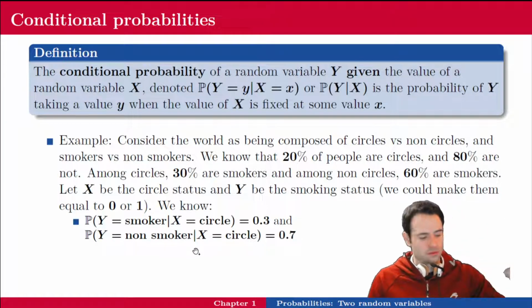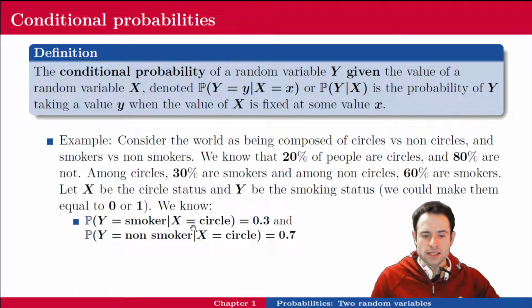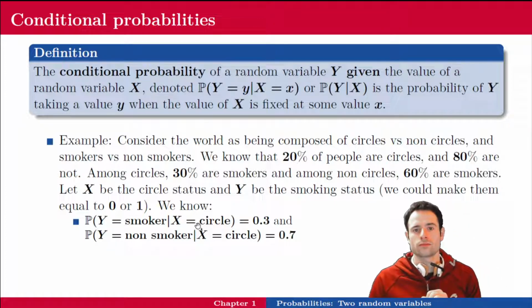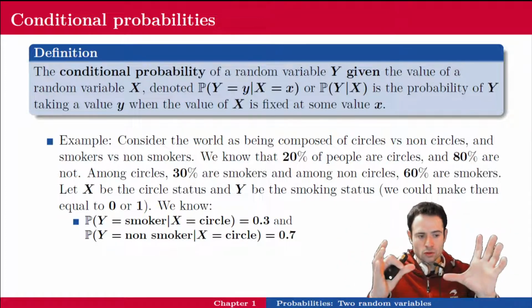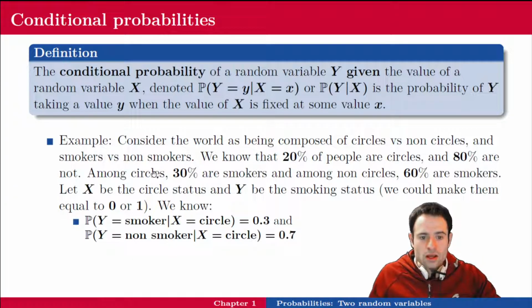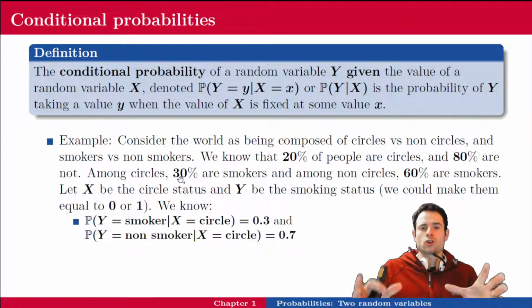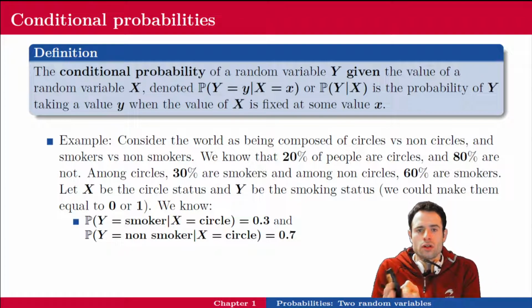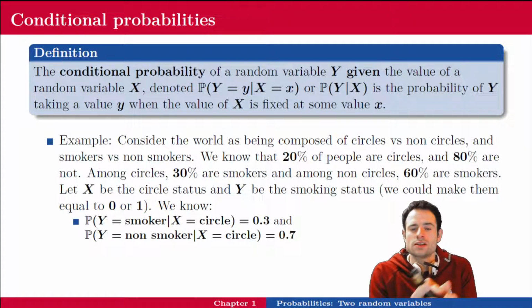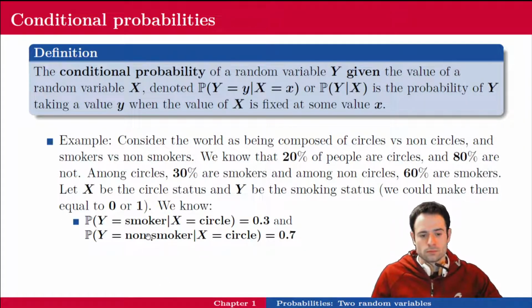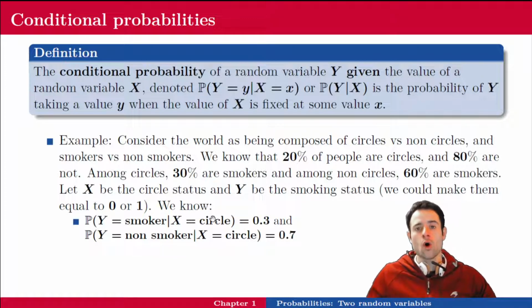The word given here, this vertical bar, means that I am already looking at circles. Among the circles, in the group of circles, we know that 30% are smokers. So if among circles 30% are smokers, then the number of non-smokers will be 70%. And this here is the complement probability. Inside the world of circles, when I only look at circles, we have smokers and non-smokers.